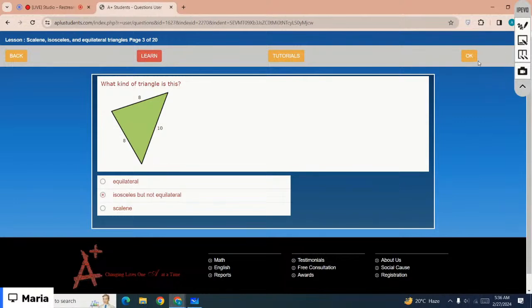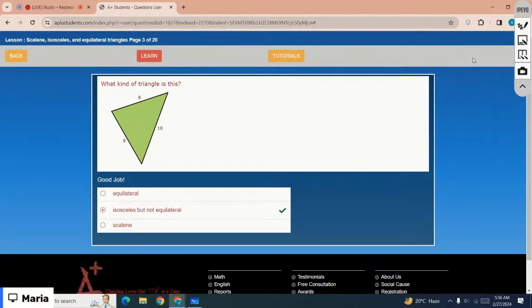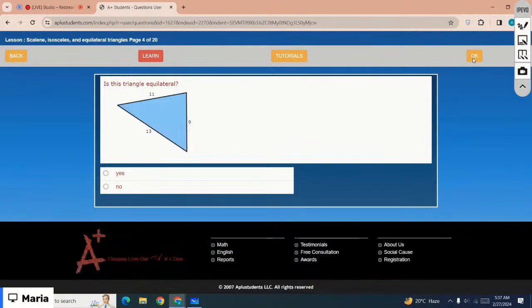It is because two of the side lengths are exactly equal, right? What kind of triangle is it? Which is the correct option?